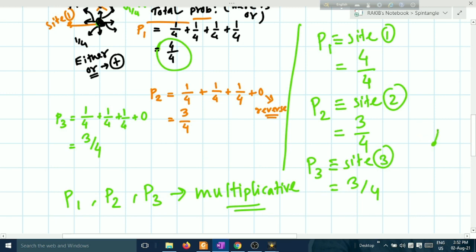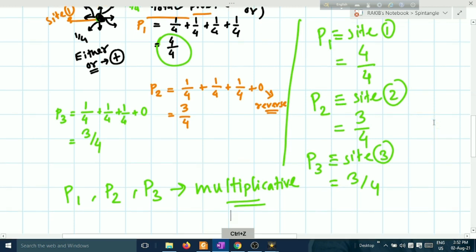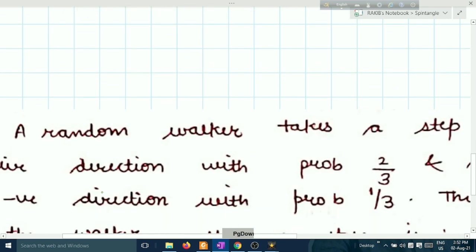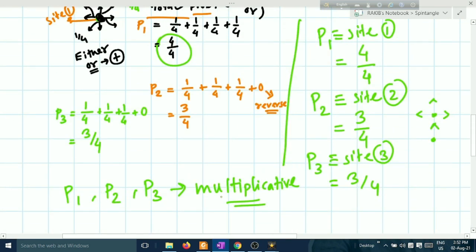Because if you are going from this point this way, then you have only 3 ways from this point. There is an AND relation between them. So what will happen here? The probability will be multiplied.